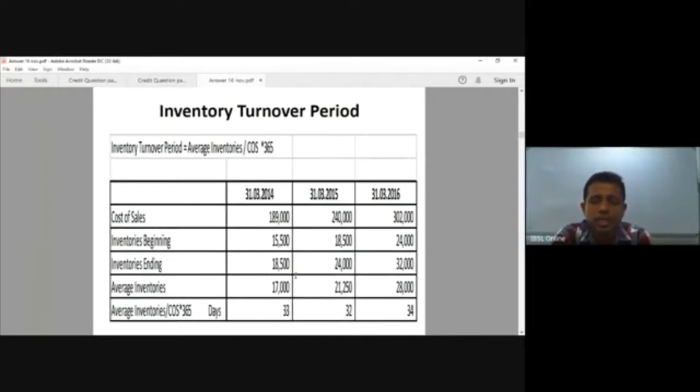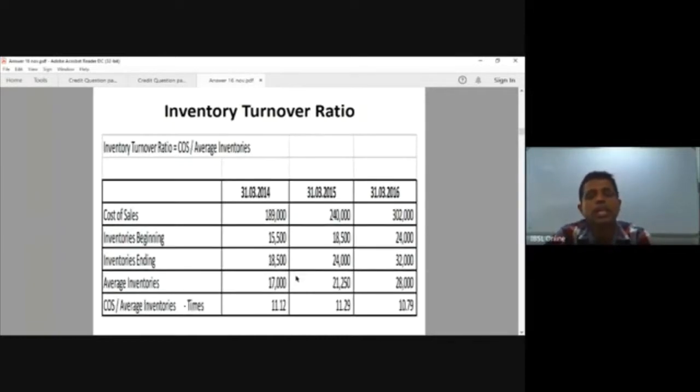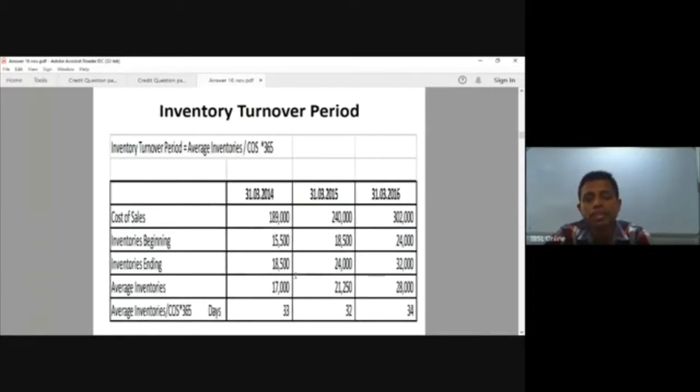This is very easy to calculate. No need to calculate both ratios; we have to calculate one ratio. I recommend you calculate the second ratio, which is very easy to understand and calculate. That's why I skipped the previous one.